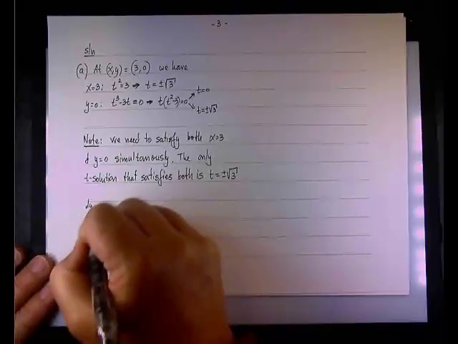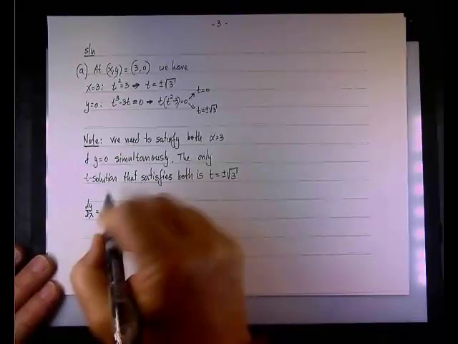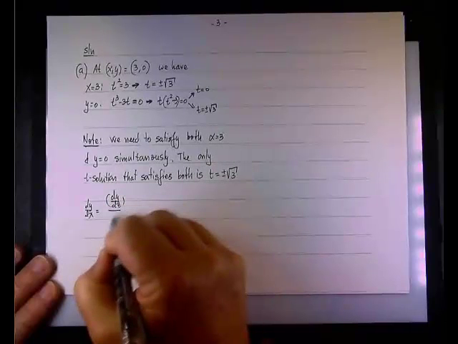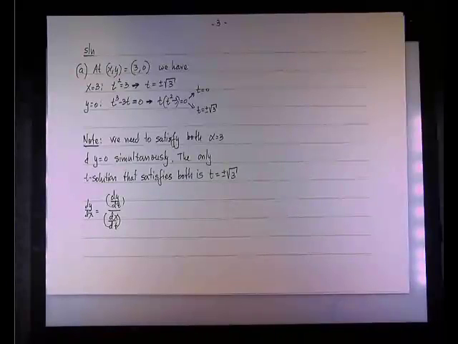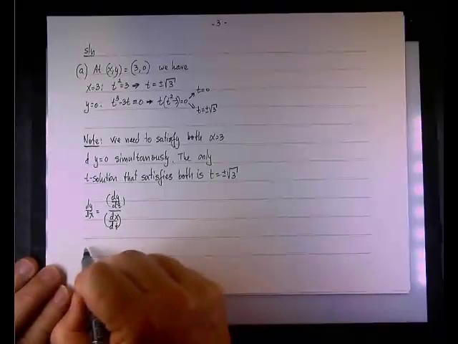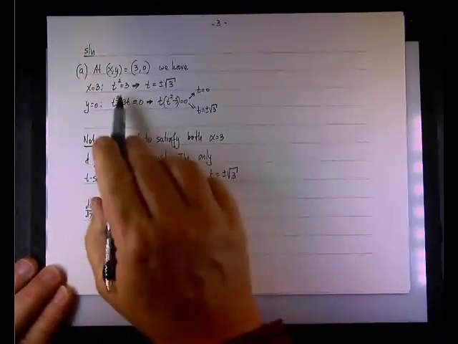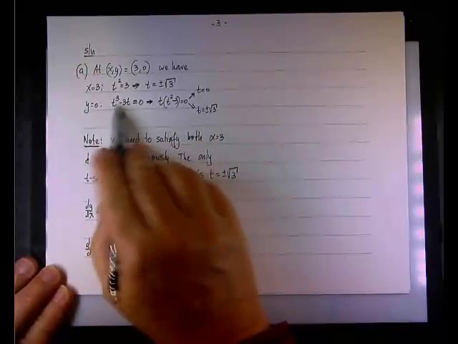We still need to come up with the tangent equation itself. So we're going to now talk about dy/dx. Well, dy/dx equals dy/dt over dx/dt, and we need to figure this out when t equals square root of 3.